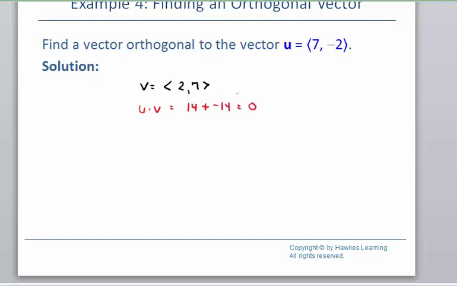Our dot product would be 0, and so that means that vector v at 2, 7 is orthogonal to vector u at 7, -2. Now, we can come up with lots of other answers. The one I came up with is probably the easiest one.